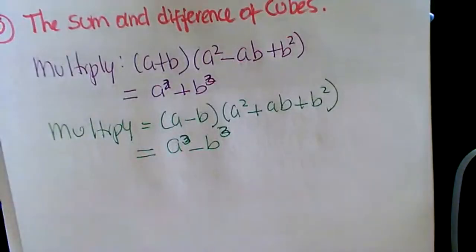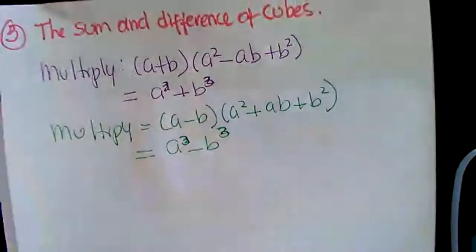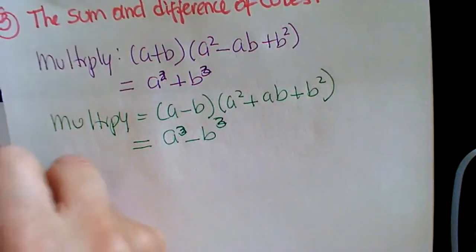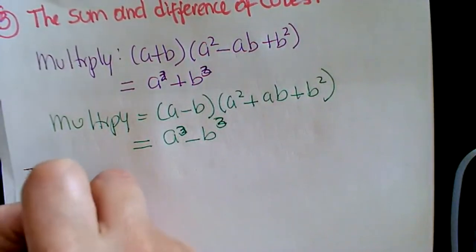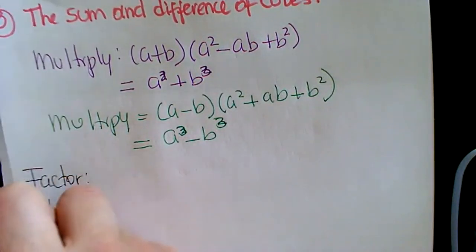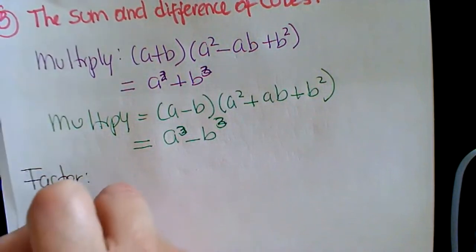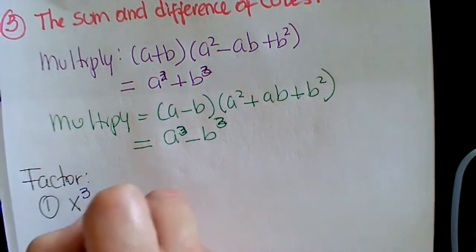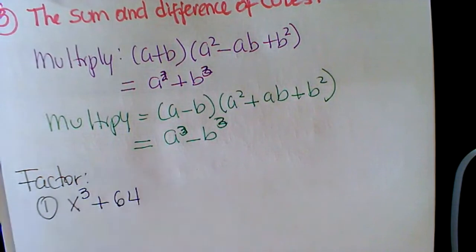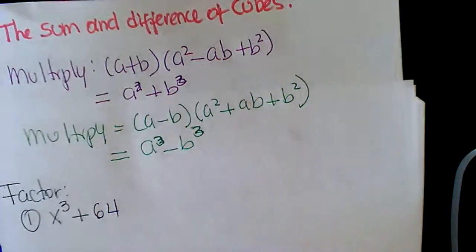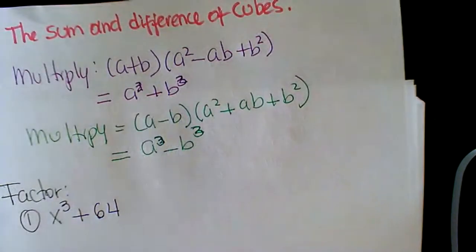So, let me give you an example. We factor, the first one that we have is x to the third power plus 64. Okay, so it's going to be like the first one, right?